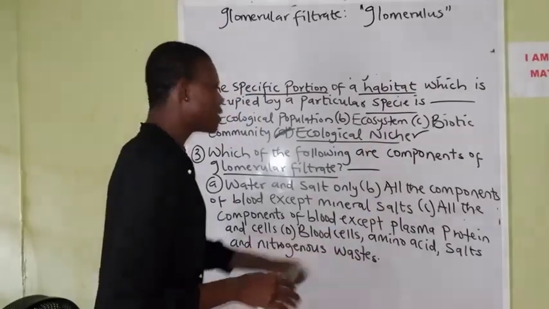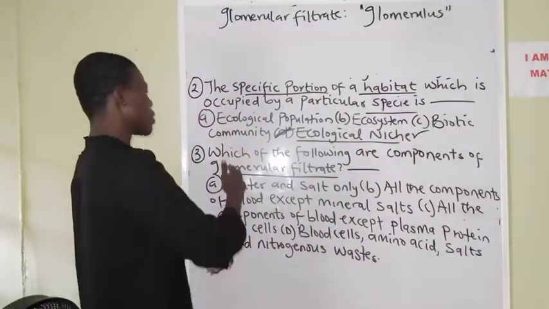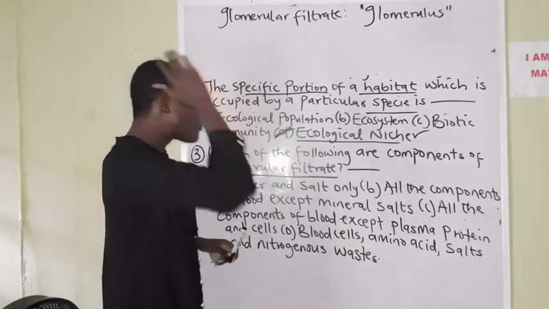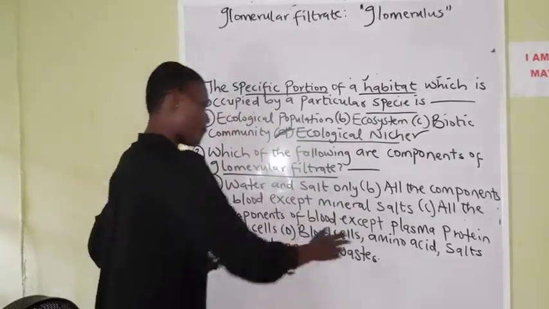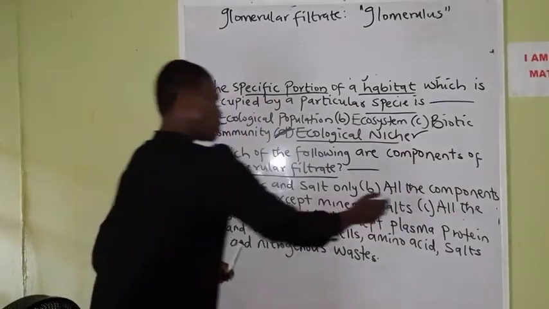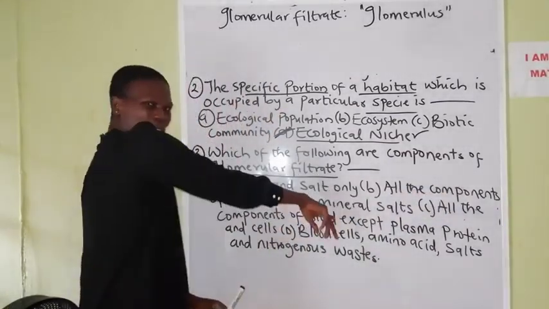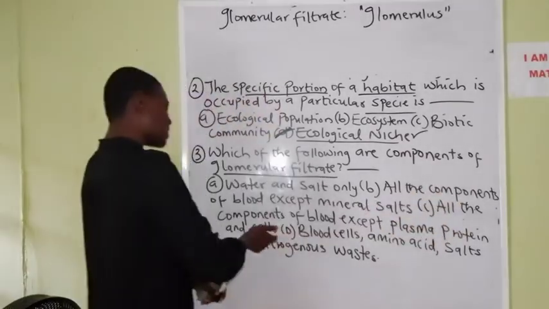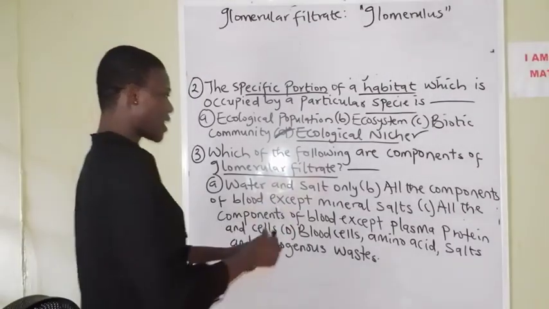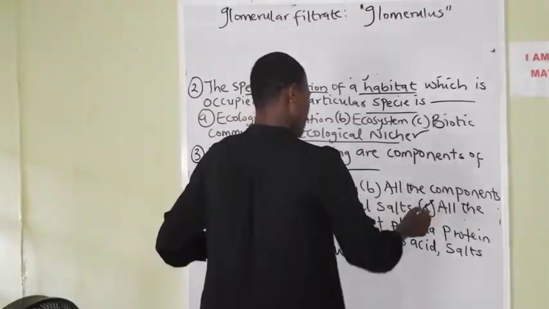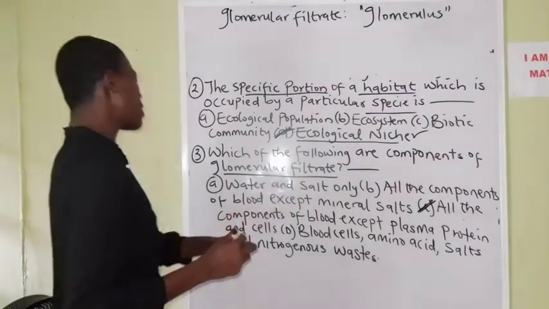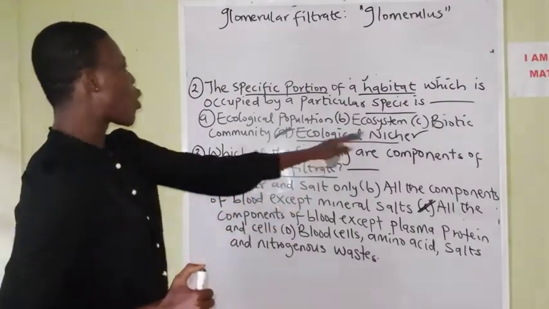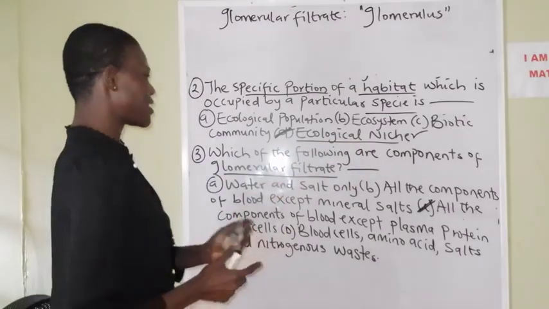So aside all this, what the glomerulus does is to allow all the components of blood except plasma, protein, and cells. Okay. So this is what it does. So the answer here is C. It said, which of the following are components of the glomerular filtrates?